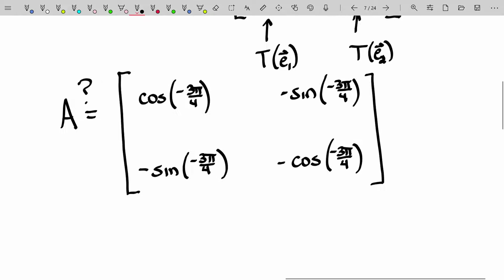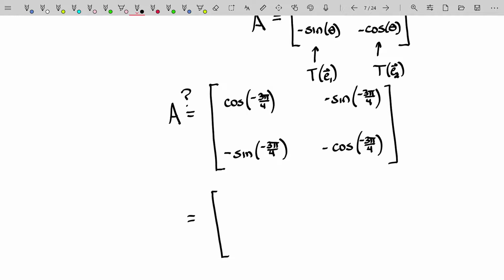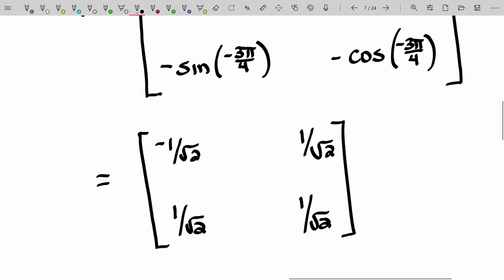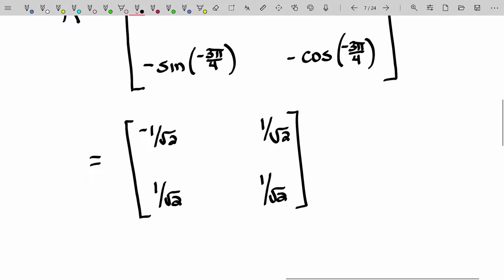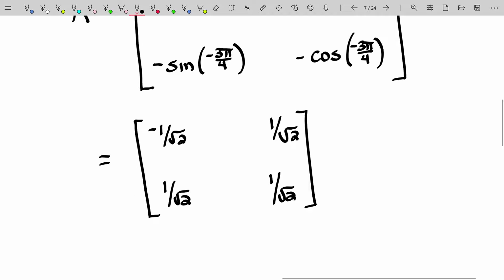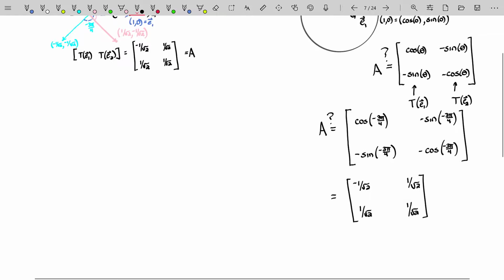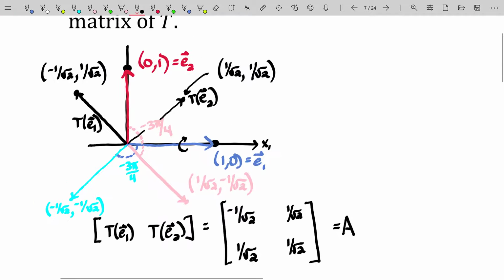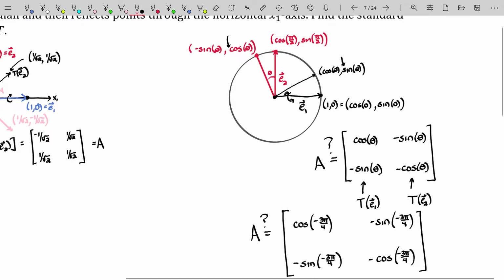I'm just going to go ahead and evaluate each of these trig functions: cosine of negative 3 pi over 4 and sine of negative 3 pi over 4 are both negative 1 over root 2. And we have negatives times negatives becoming positive. So our standard matrix for this transformation is basically a matrix full of 1 over root 2's, except for a negative in the upper left hand entry. Let's go ahead and see if that matches what we had earlier. And it does.